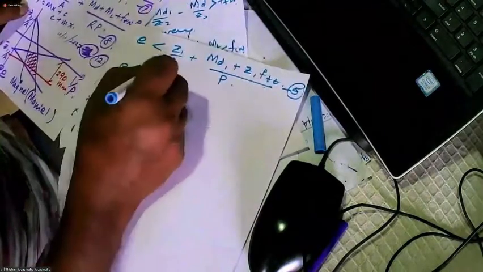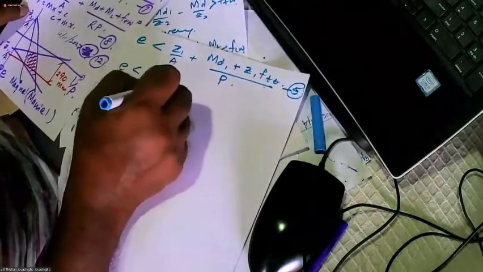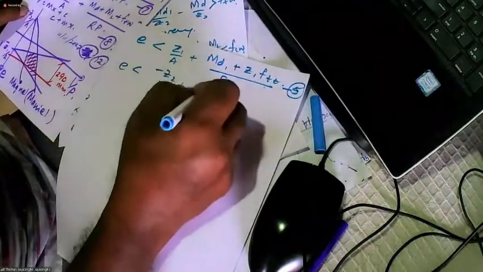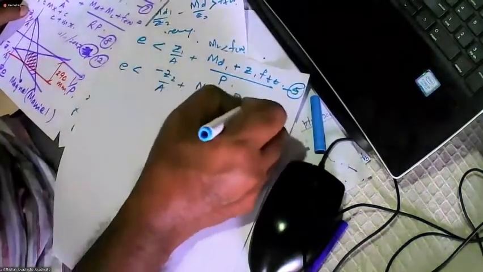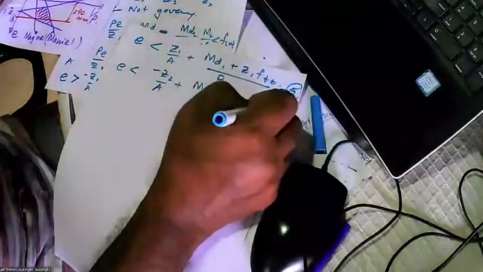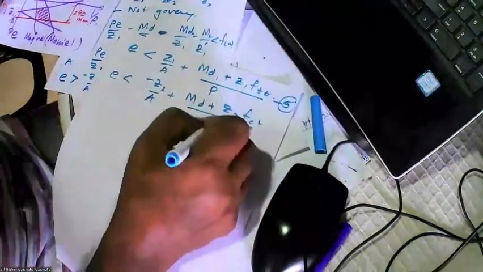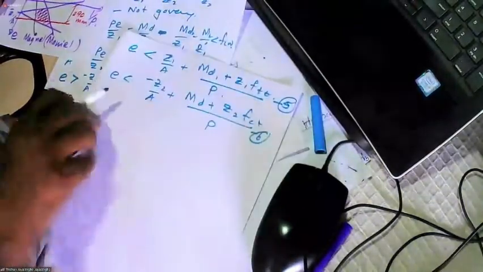The second equation is Z2 over A plus MD Z2 FCT over P. Number 6.